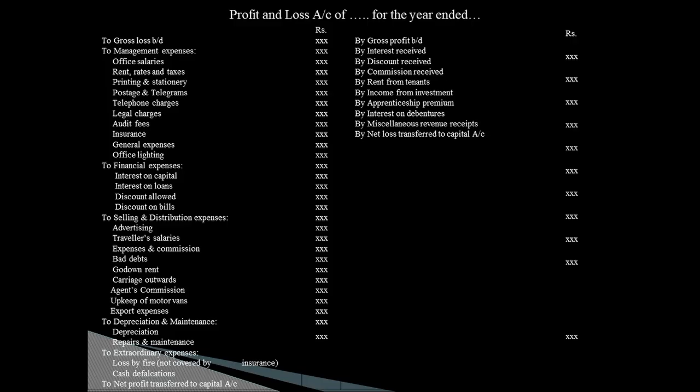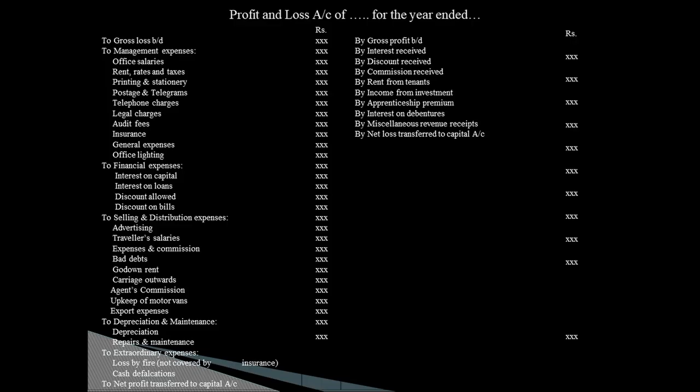Then on the debit side, first we write the expenses related to management, that is, management expenses, then the financial expenses, and next selling and distribution expenses, and the depreciation and maintenance expenses. These are all the expenses, either operating or non-operating.